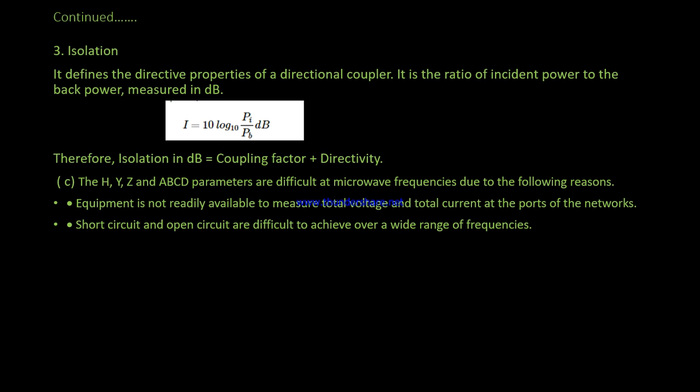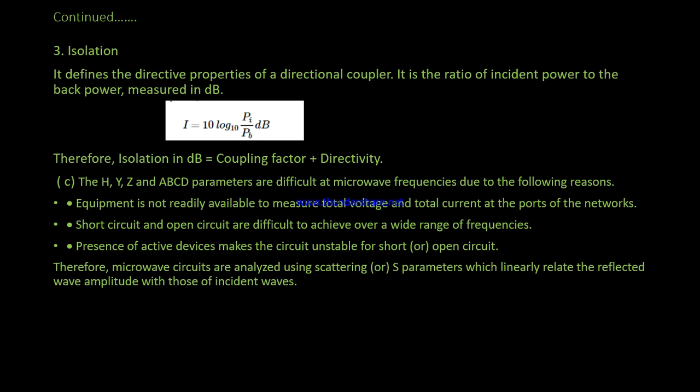Number 2, short circuits and open circuits are difficult to achieve over a wide range of frequencies. And number 3, the presence of the active devices makes the circuit unstable for short or open circuits. Therefore, microwave circuits are analyzed using scattering or S parameters, which linearly relate the reflected wave amplitudes with those of the incident waves.